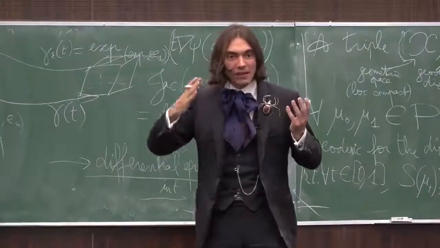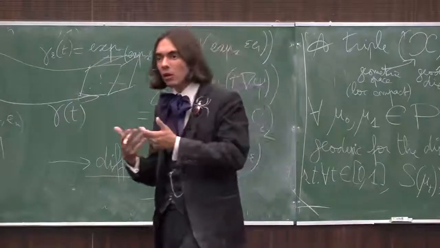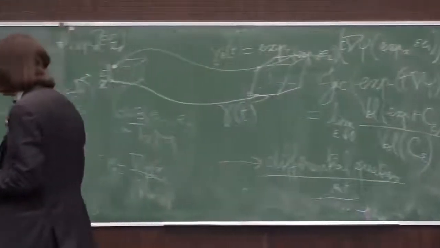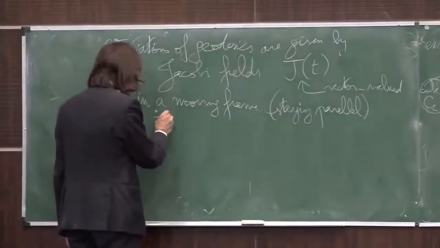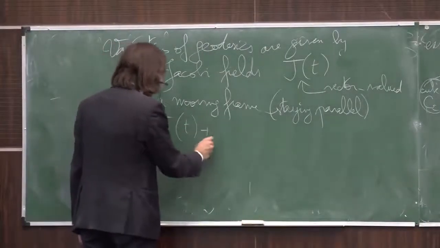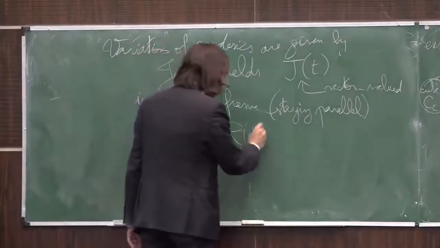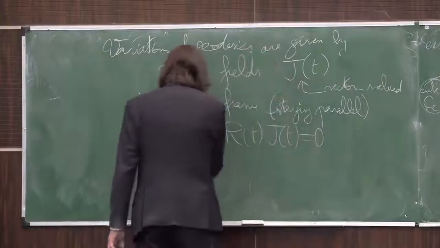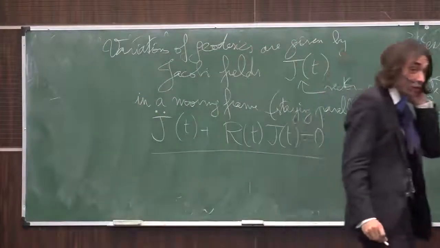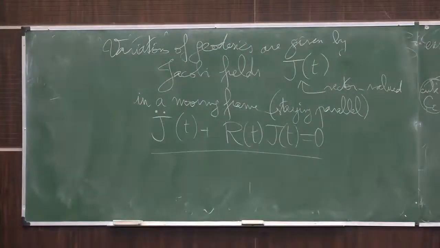So the basis changes at each time, and you look at the coefficients, and the equations will be of the form J double dot of t plus R of t J of t equals 0. It's a second order linear differential equation. And this goes back to the old work of Jacobi.